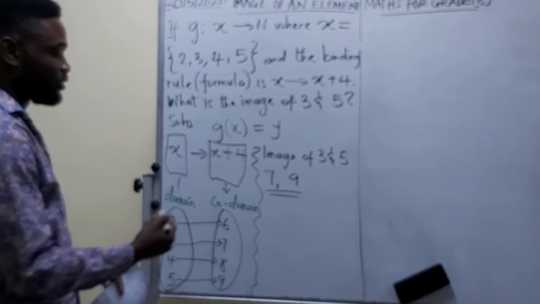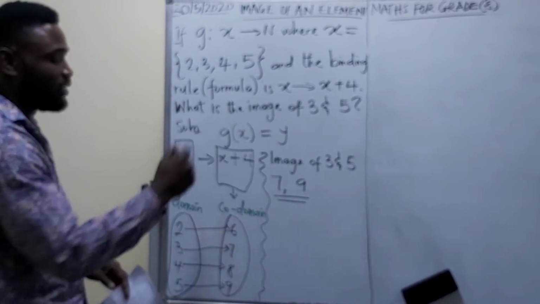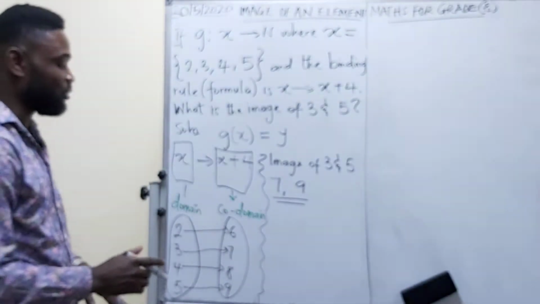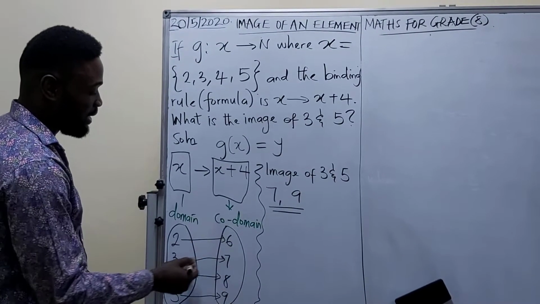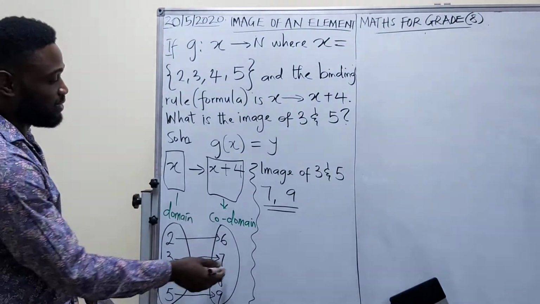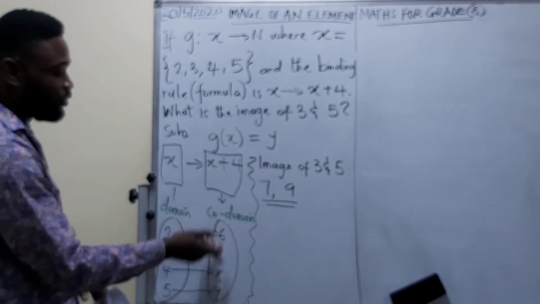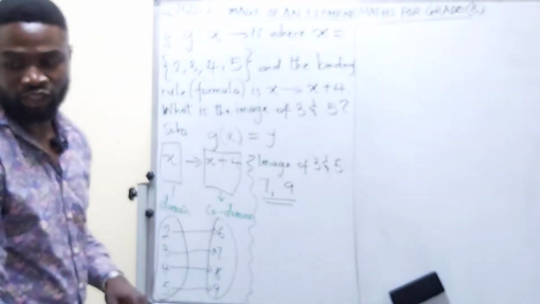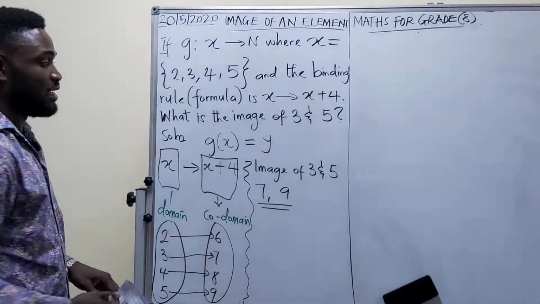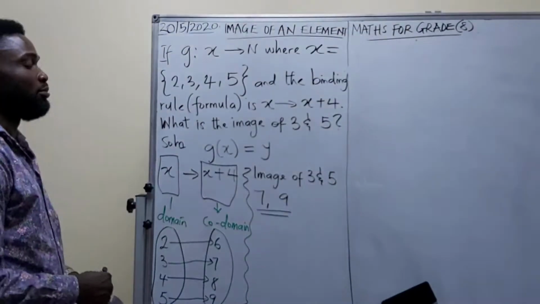This is also 1-to-1 because each element from the domain binds with just one in the codomain. It's simple and direct. One element to one here, one element to one, not one element going to two elements. So that is what makes it 1-to-1. And if you check very well, everything in the codomain is arrowed. So that shows that this is an example of onto and 1-to-1 application.